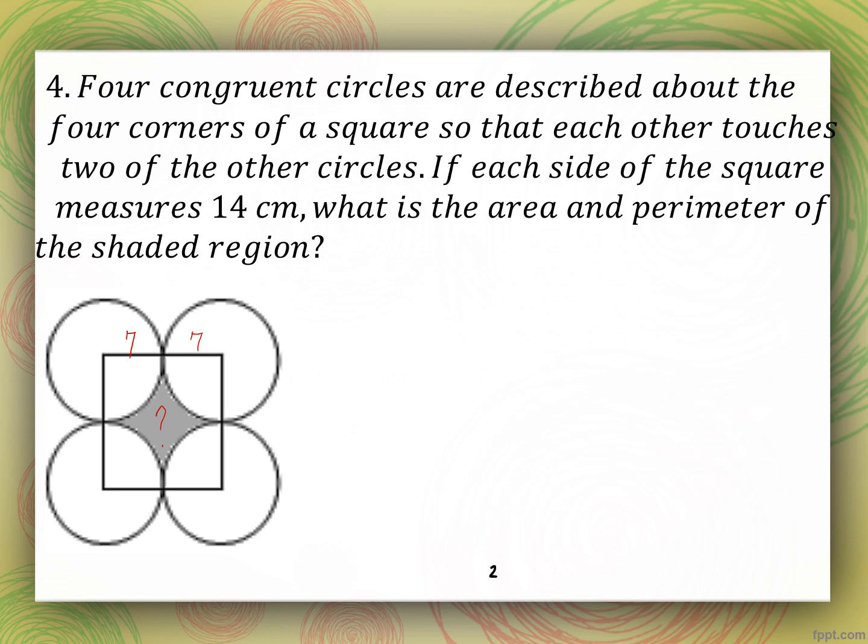Let's do area first. If we want to find the area of the shaded region, if we analyze the given figure here, we have a square, so we can get the area of the square first, and after that we will subtract the area of the four sectors. The sectors that I'm talking about are these here: sector 1, sector 2, sector 3, and sector 4.